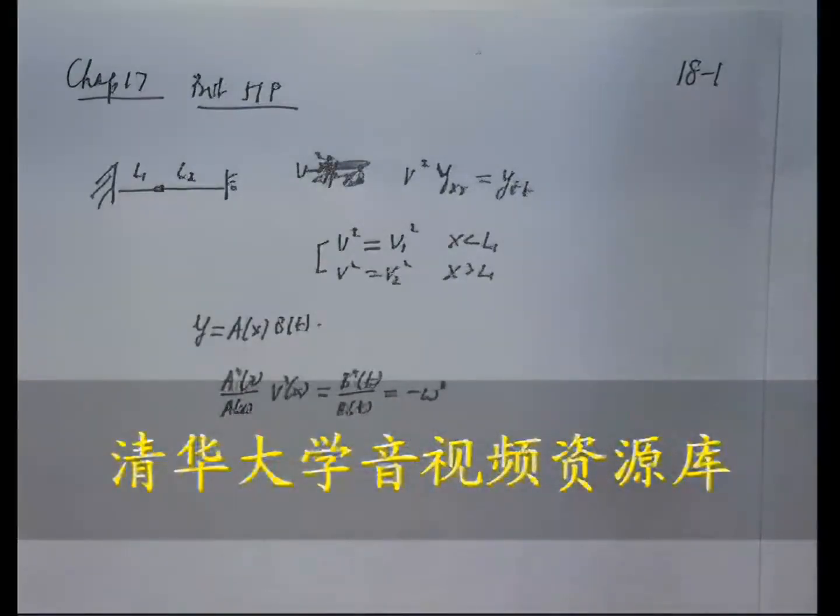How about if it's plus omega squared? You can study that. If you study that, you'll see that this part, the t equation, would give you an exponentially increasing or decreasing solution, and that's not interesting. So we only study the case where it's negative.